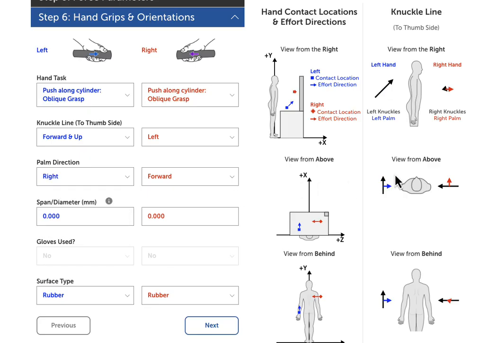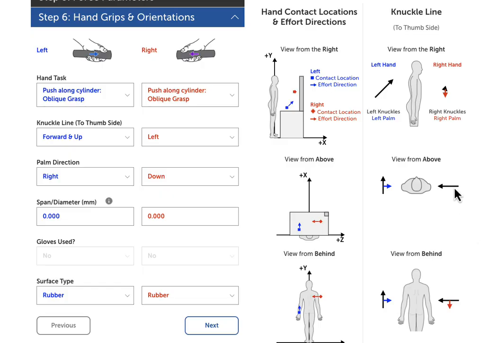In the other case, if you had your hand out in front of you with the knuckle going to the left, you could imagine that your palm would be down. And so you can see that from the side, you can see it going up and forward. And from above, you can see the palm is facing to the right.